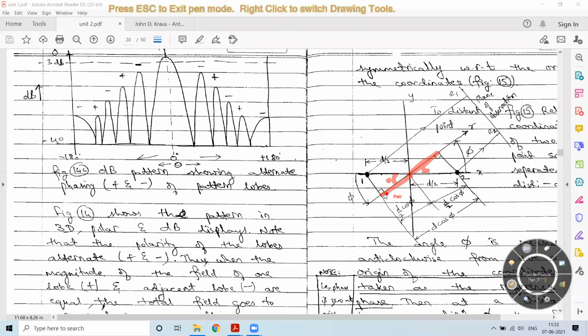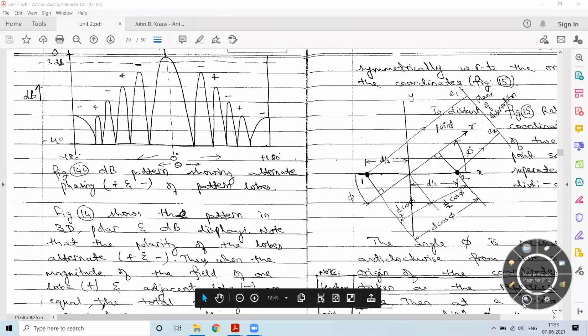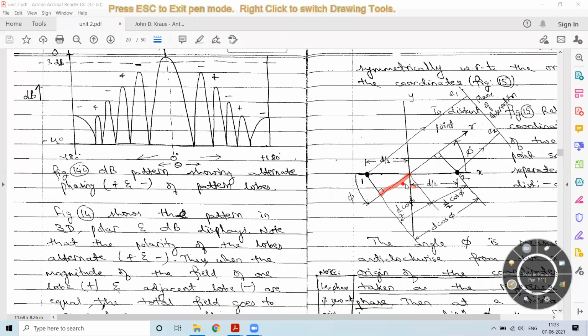It is nothing but the length of this line. If I measure that line, what will the value be? It will be based on the Pythagoras theorem, on the hypotenuse. So if I take cos phi as adjacent upon hypotenuse.